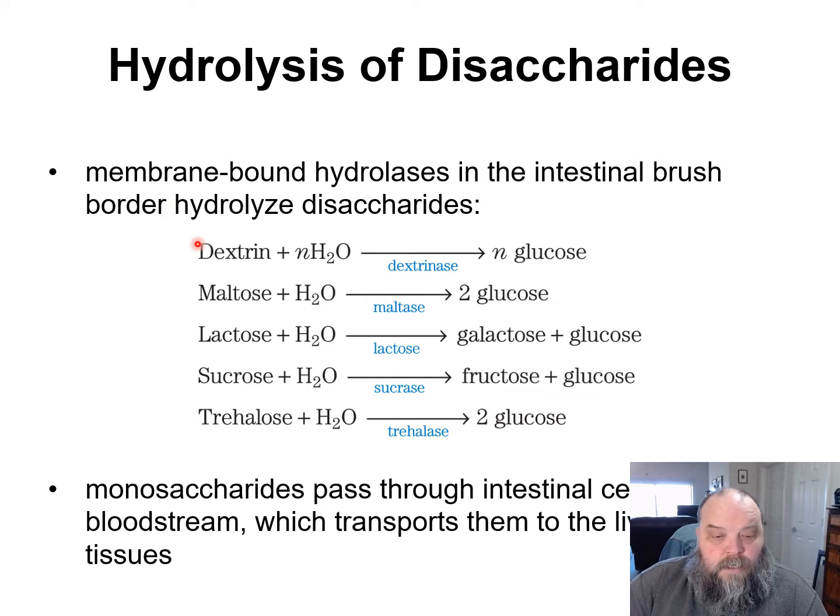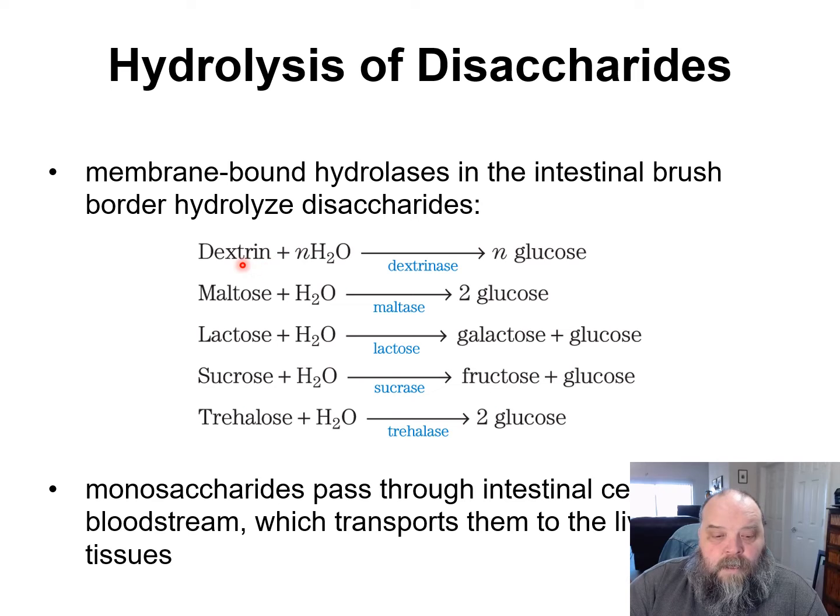When you start looking at these hydrolases, they're going to be associated with the membrane lining the small intestine, because you need to start taking those long polymers. We can't absorb the long polymers, but we can take up lactose, we can take up sucrose, we can take up dextrin individually, not as a long polymer of hundreds or thousands or hundreds of thousands that may be present.